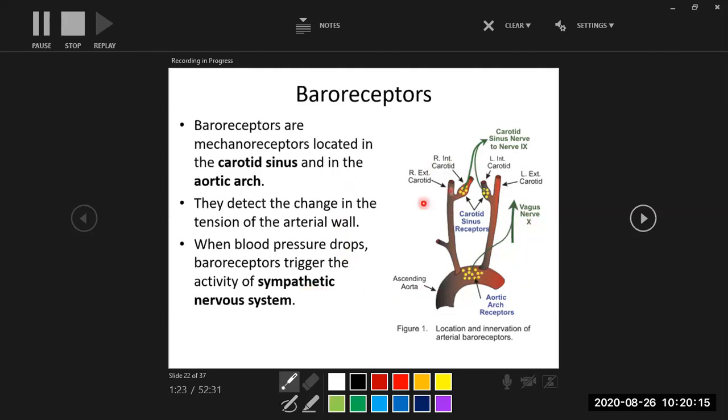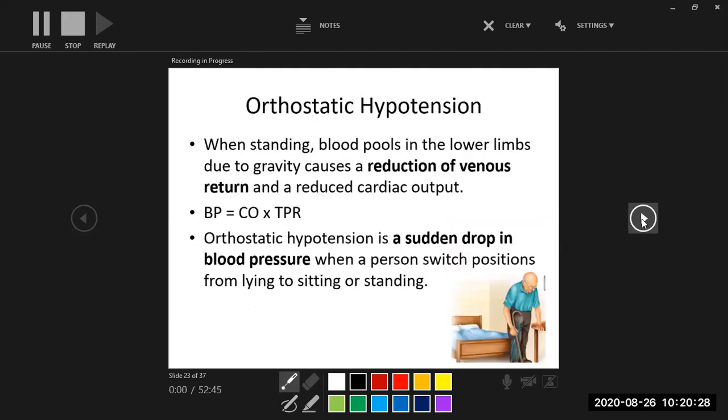So this is a very important feedback loop to maintain our blood pressure at a homeostatic level. This is important because, for example, when we lie down and suddenly get up, or when you sit and stand up, a lot of the time that affects the blood pressure a lot.